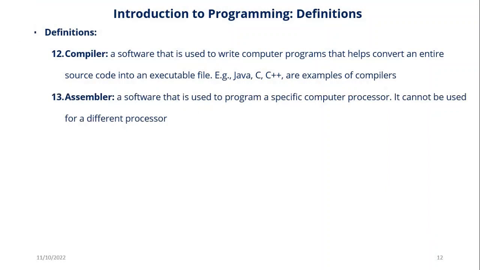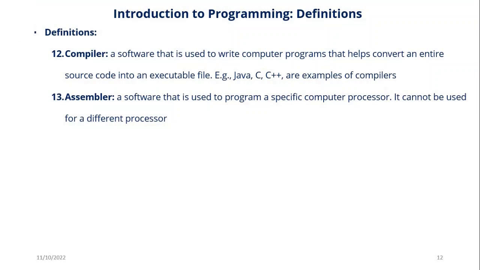Assembler. An assembler is a software that is used to program a specific computer processor. It cannot be used for a different processor. So we saw different computers on the screen. We saw a laptop that contains an Intel Core i7. Intel Core i7 has its own assembly language.